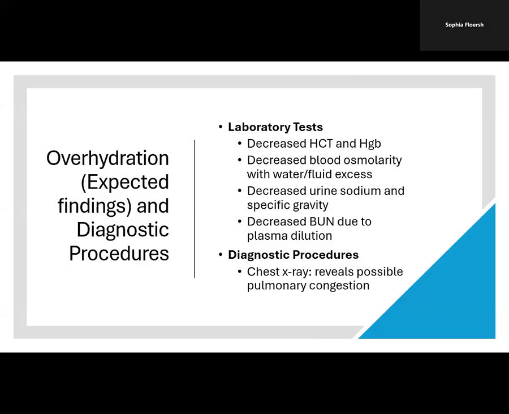So these are my laboratory tests. Remember that these extra fluids dilute the concentration of blood cells in the body. So you can have decreased hemoglobin and hematocrit, decreased blood osmolarity, decreased urine sodium, decreased BUN. Chest X-ray can reveal possible pulmonary congestion.